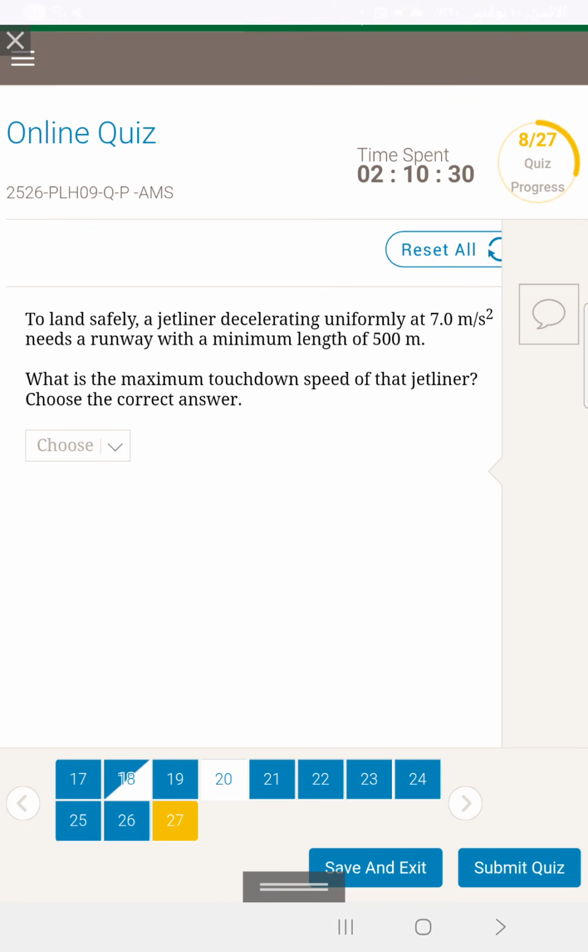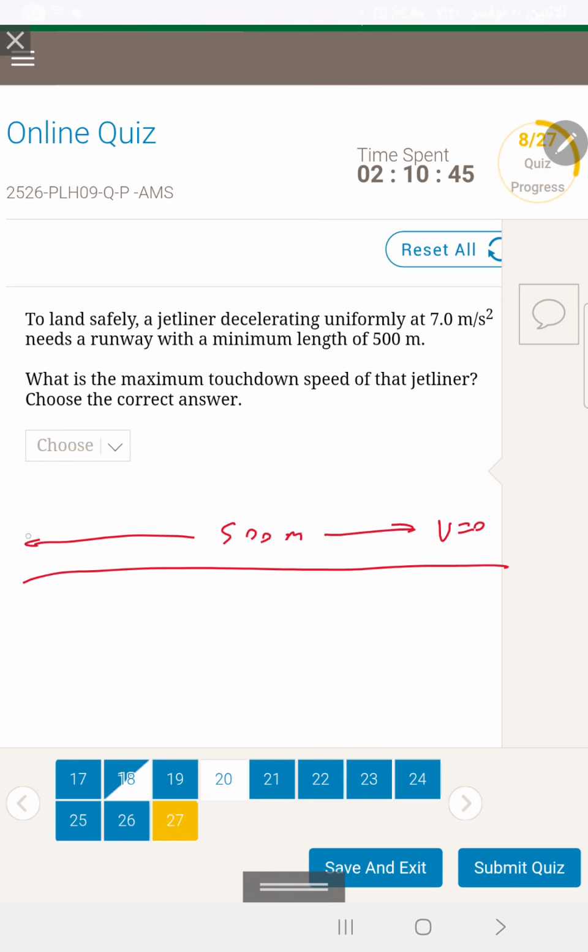Okay, so for the jetliner, the final velocity must be 0 because after moving on the runway it stops. The distance moved must be 500 meters, that's the length of the runway. The touchdown speed, which is the initial speed, we don't know. We know that the deceleration is 7.